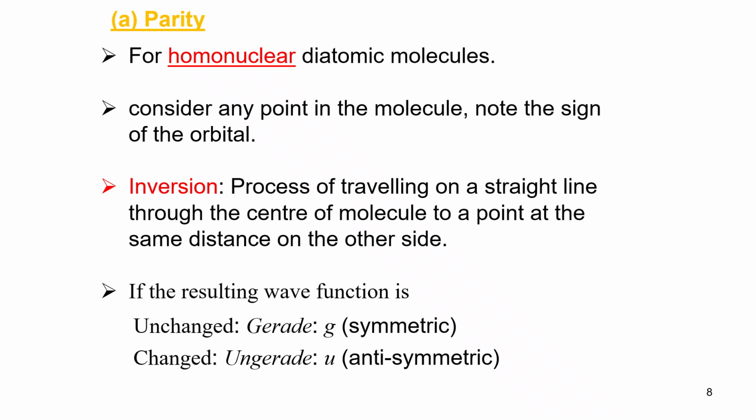If the wave function remains unchanged after the inversion, then we call that parity g, or symmetric. If the wave function changes after the inversion, then we call that parity ungerade, or antisymmetric.